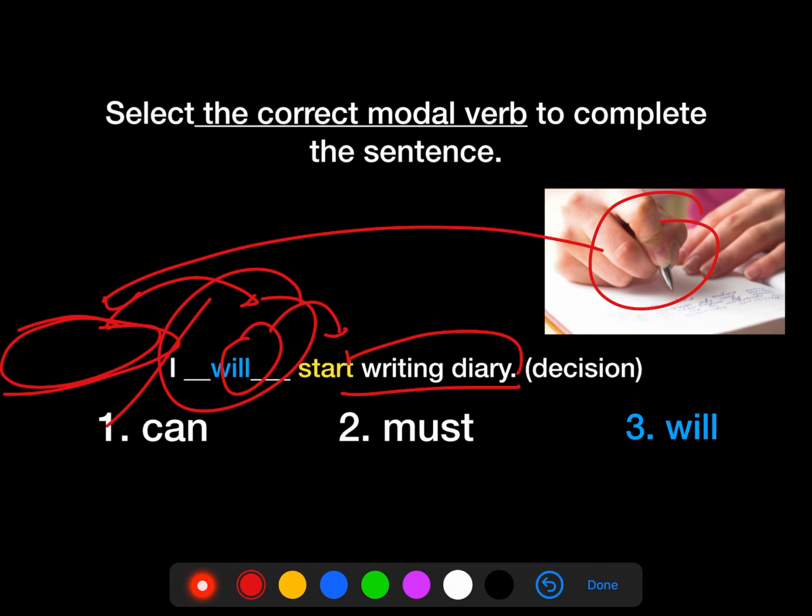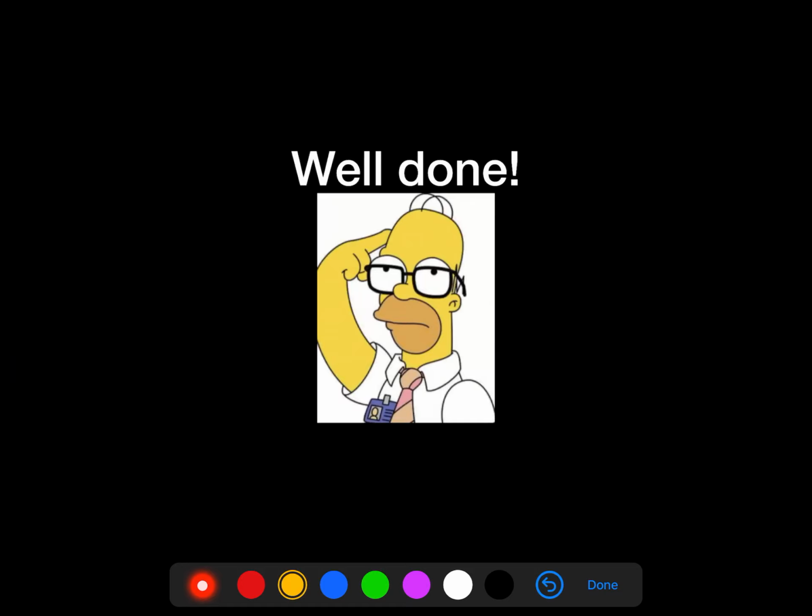I will start writing diary. Remember, we always go to the base form. And also, modal verbs won't change regardless of which subject it is. So I will, he will, she will, we will start writing diary. Okay, very good. Well done.